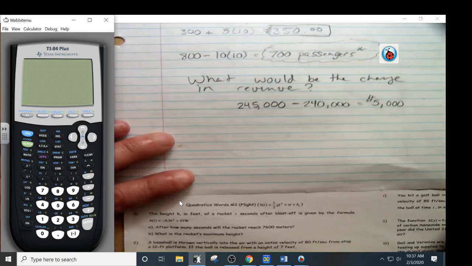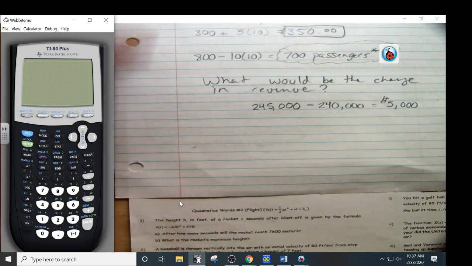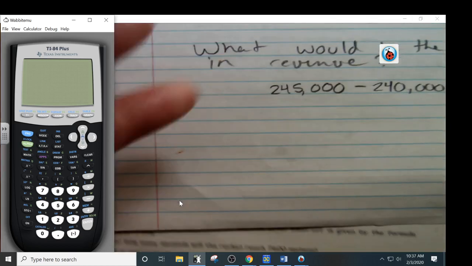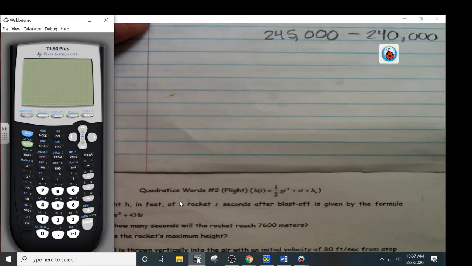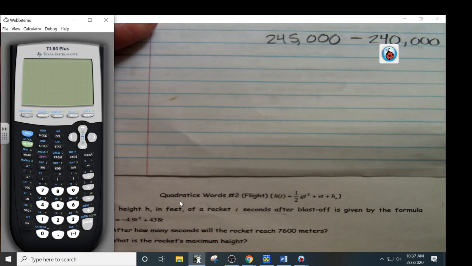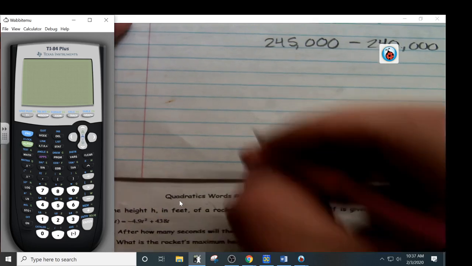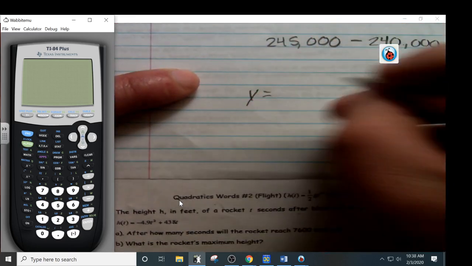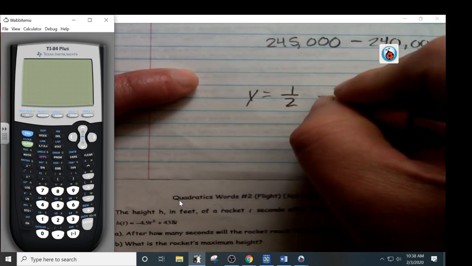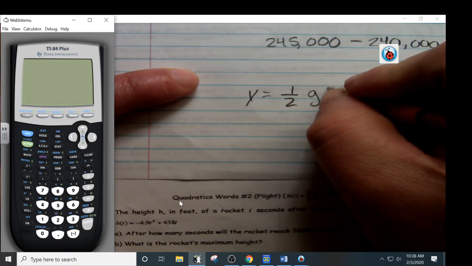Now, guys, when we talk about projectile motion, you got to understand what each term means in your equation. Okay. All right. Now, so if you write it out, y equals. I'm gonna explain this equation real quick.